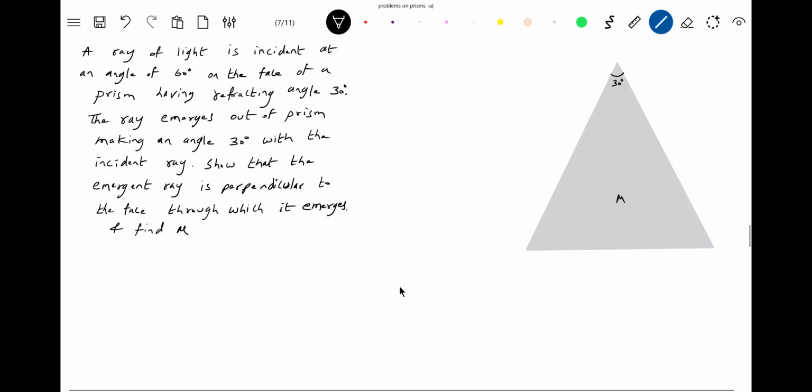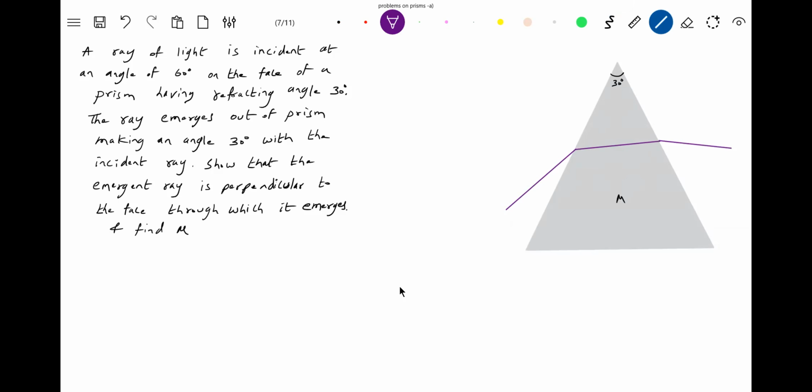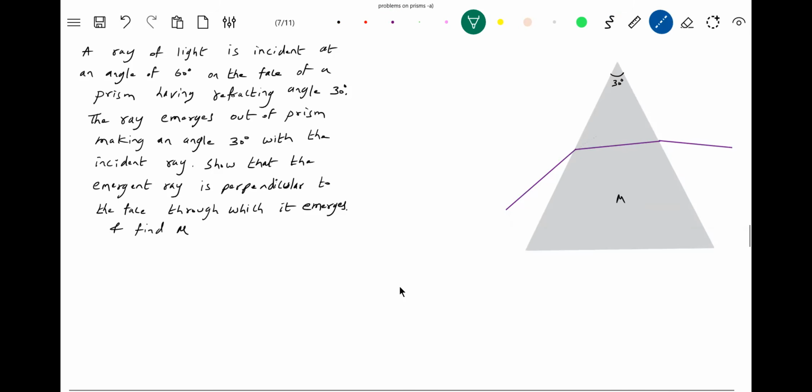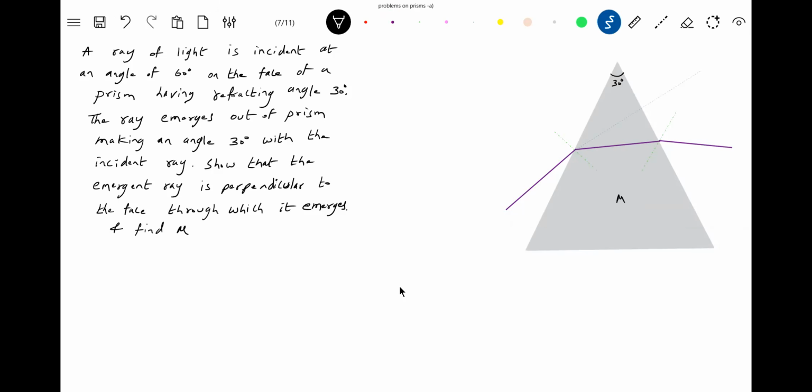Okay, the ray is incident here. So this is 60 degrees.